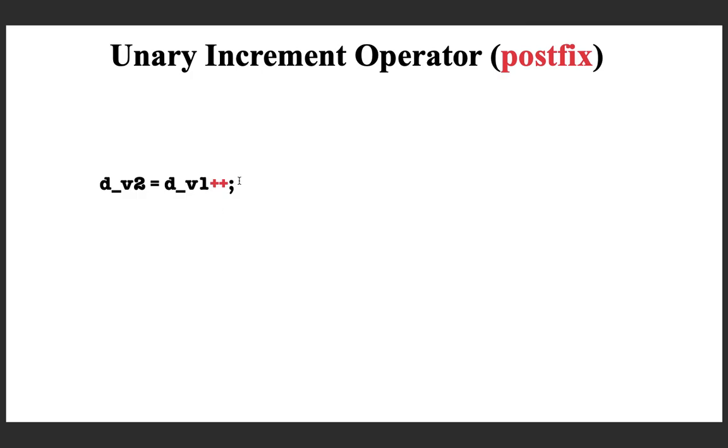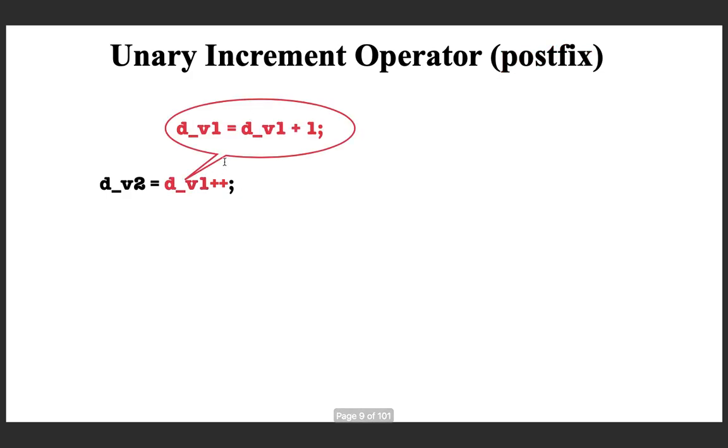We will see why it is called postfix. If you look at the RHS, dv1++ is the same as saying dv1 = dv1 + 1. So these two are equivalent.